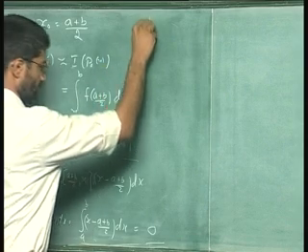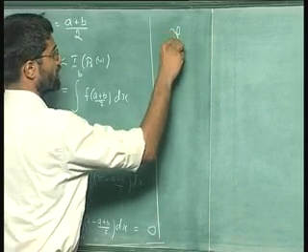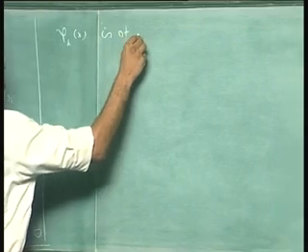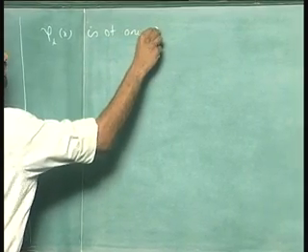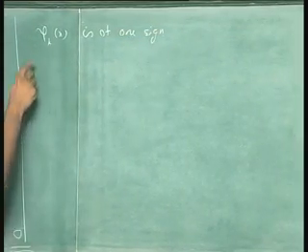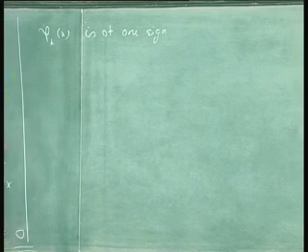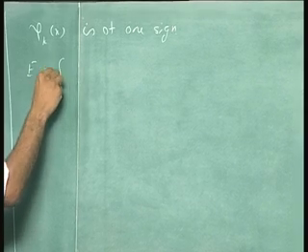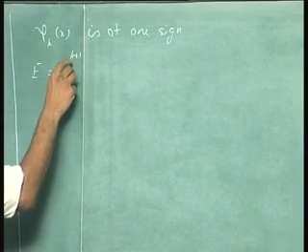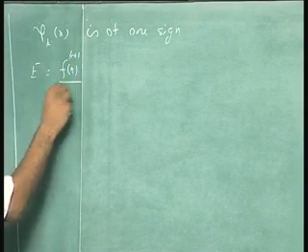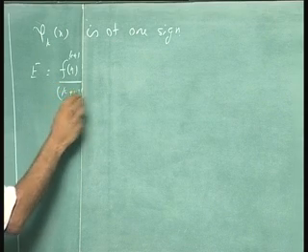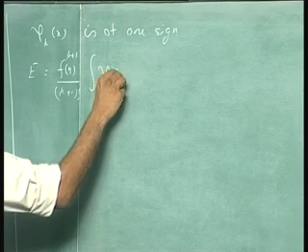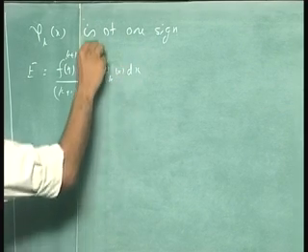In the case where psi k of x is of one sign, I said that the error in the integral would be of the order of the k plus 1 derivative of f by k plus 1 factorial, times the integral of psi k of x dx between the limits a to b.